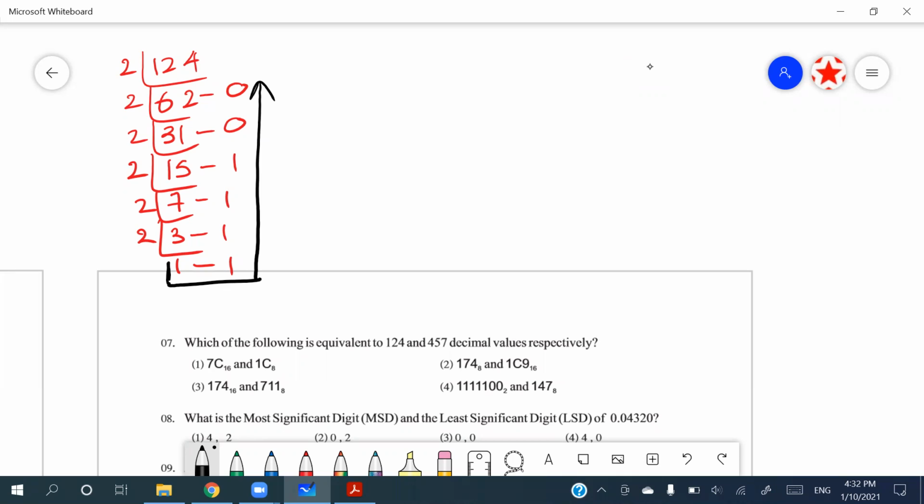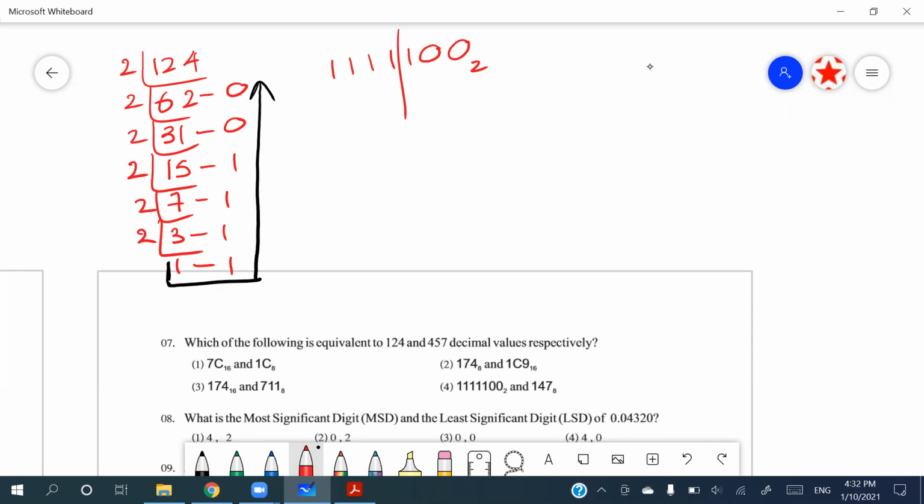So we have to convert each and everything, because the first answer is represented in binary, octal, and hexadecimal as well. So we have to convert this quickly into octal and hexadecimal.